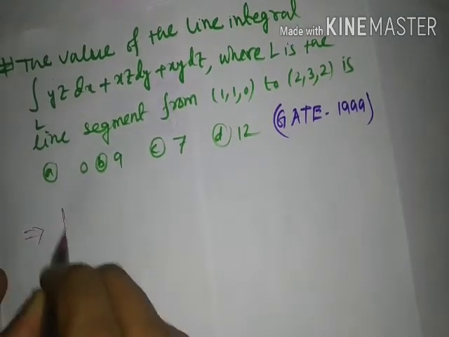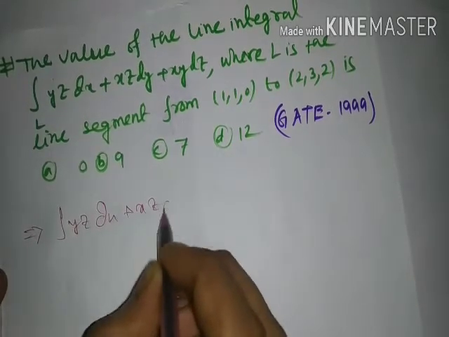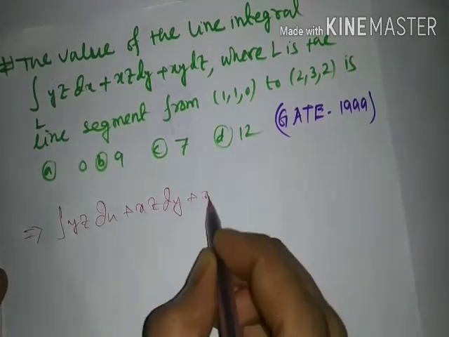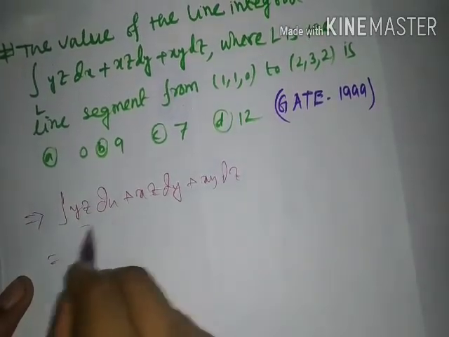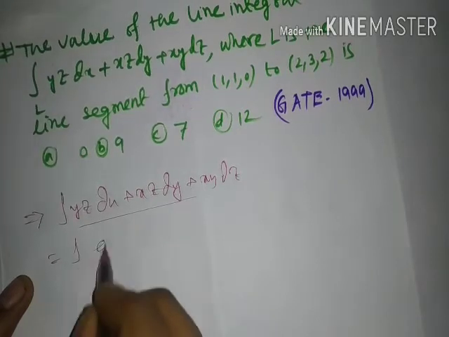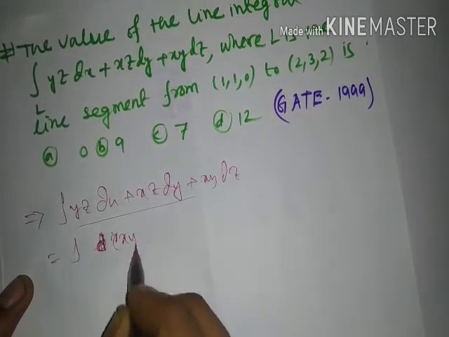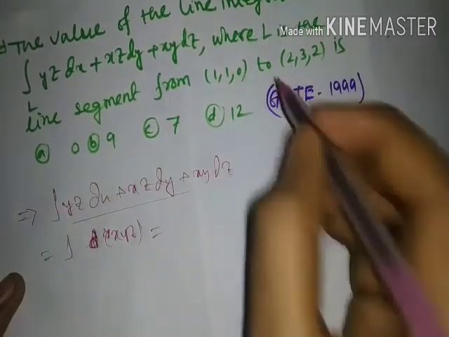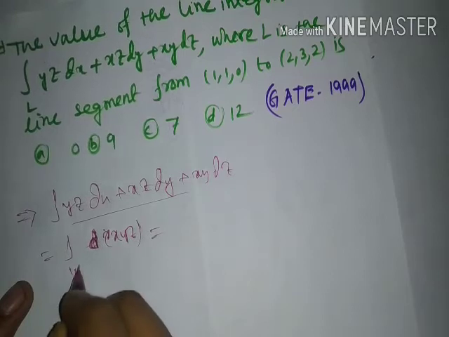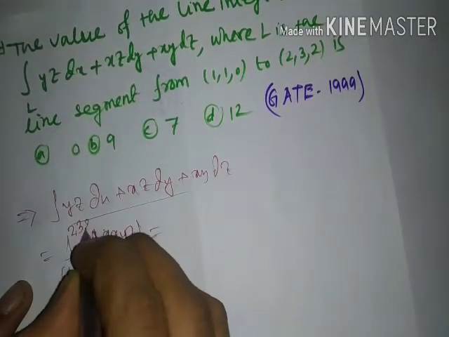Actually given yz dx plus xz dy plus xy dz. Actually this can be written as d of xyz. So the integral limits are from 1 1 0 to 2 3 2.